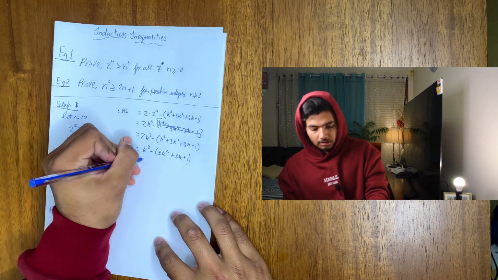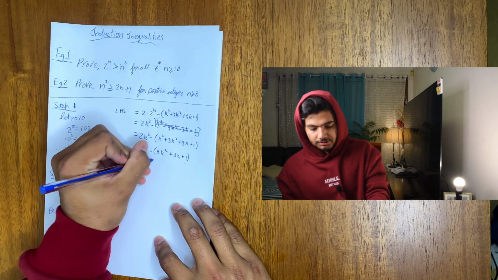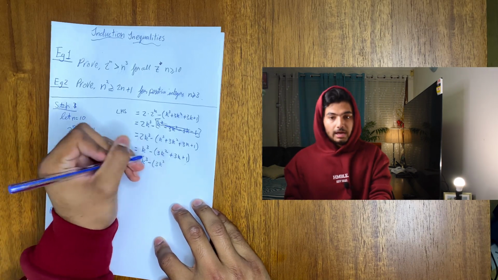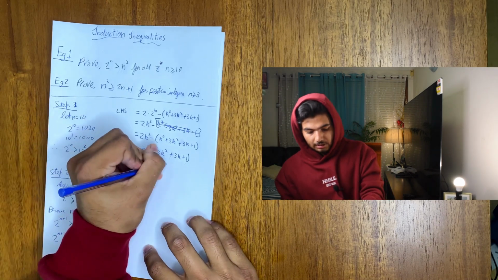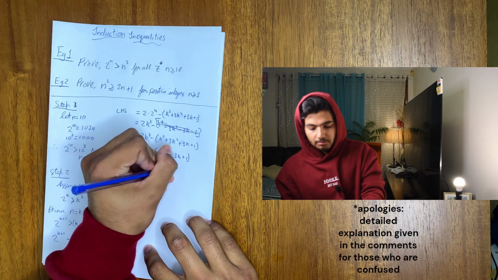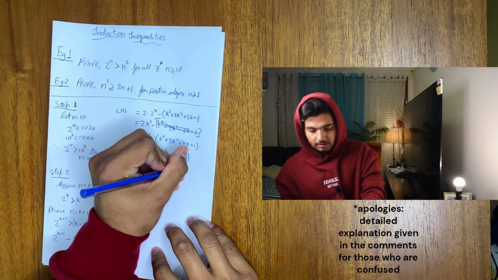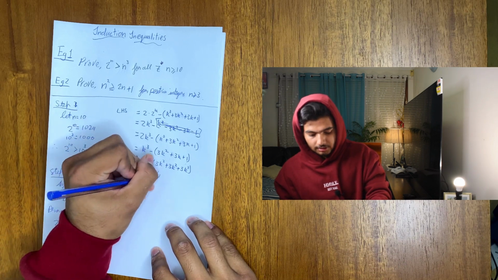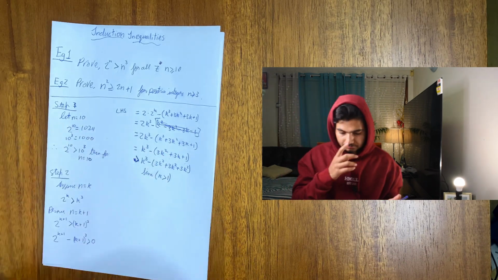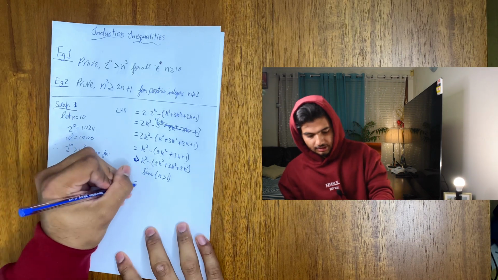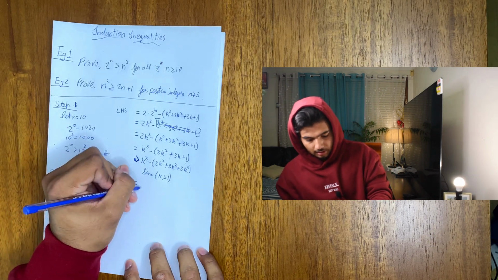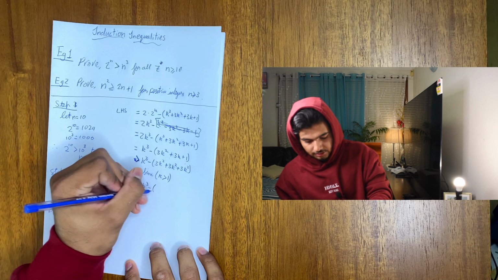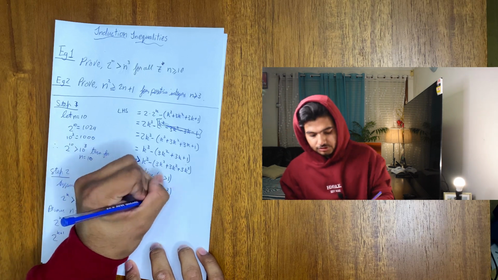Next step would be k cubed minus 3k squared minus 3k squared, since we write this since k is greater than 1. Correct? Next step would be k cubed minus 9k squared.